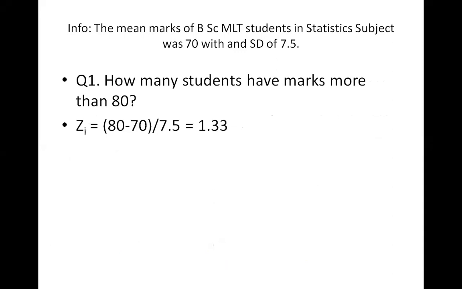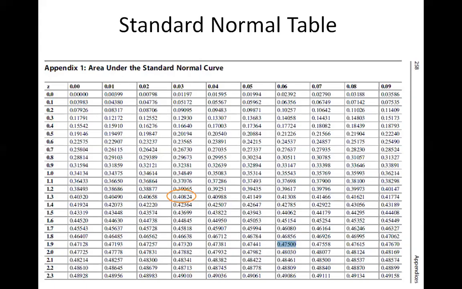So Z score for 80 is Z equal to the difference between 80 and 70 divided by 7.5, and it is 1.33. So you go to the table, go to 1.3 and 0.03. So for 1.33, the area under the curve is 0.40824.